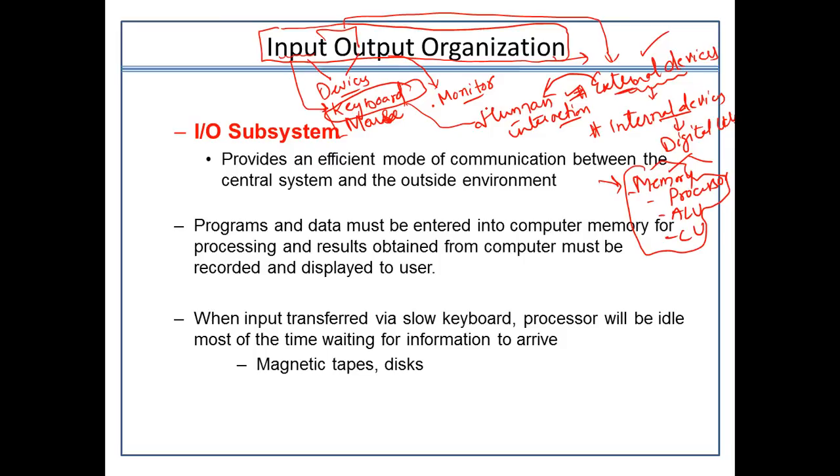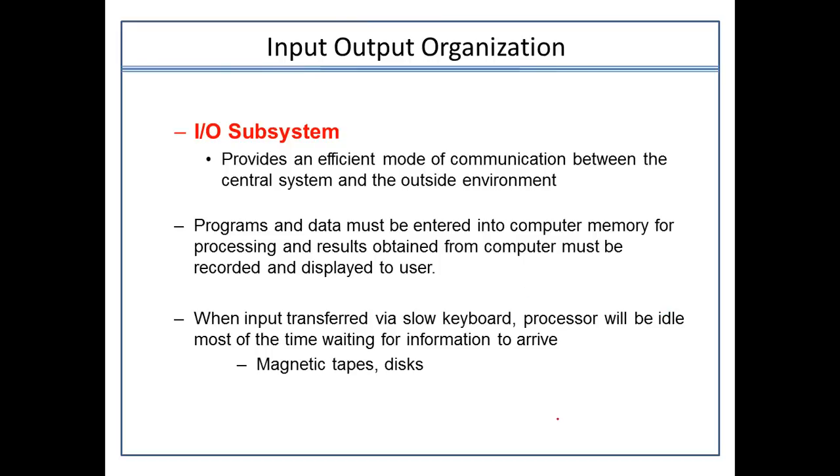So basically these external devices work upon different mechanisms, and that's why they are generally considered slower in comparison to the internal devices. So this was the basic idea about the input output organization, or the meaning of the term input output organization.